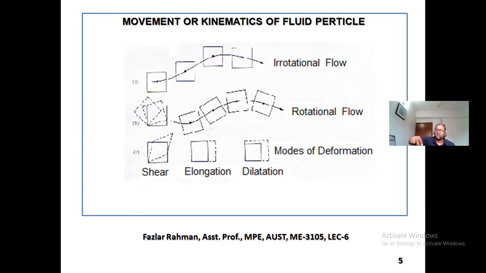It expands, right? Its shape is no more spherical. That is also called dilatation. That means a fluid element that is initially a cube at time t is still a cube, but its volume is increasing gradually.